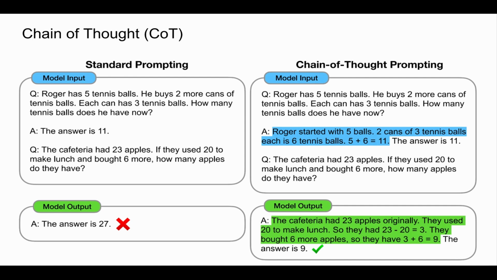Then we ask the same actual question, and this time the LLM is able to break it down into smaller problems, reason one step at a time, and give us the correct answer. This is a pretty typical example of why chain of thought prompting can improve quality greatly.